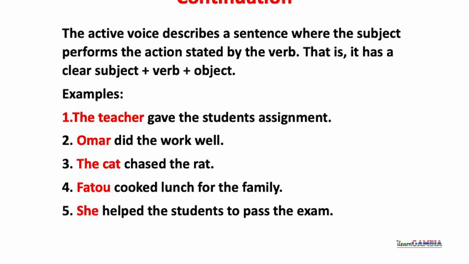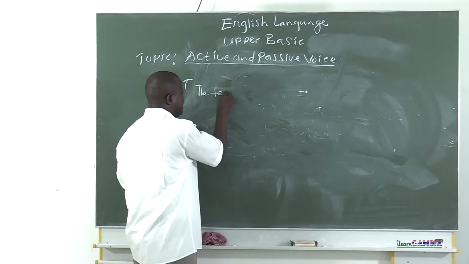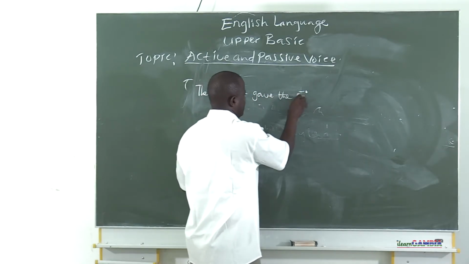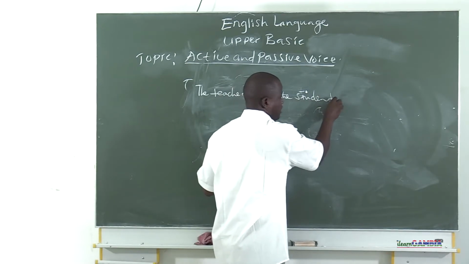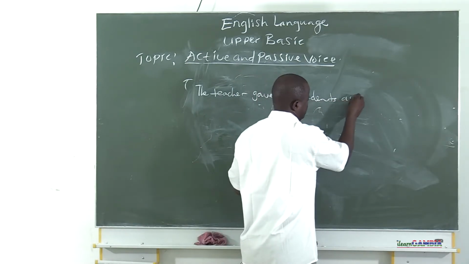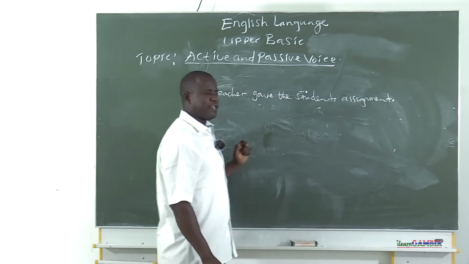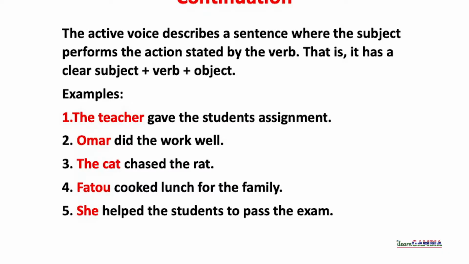The active voice describes a sentence where the subject performs the action stated by the verb. Let's get this. The teacher gave the students assignment. Now what do we do?